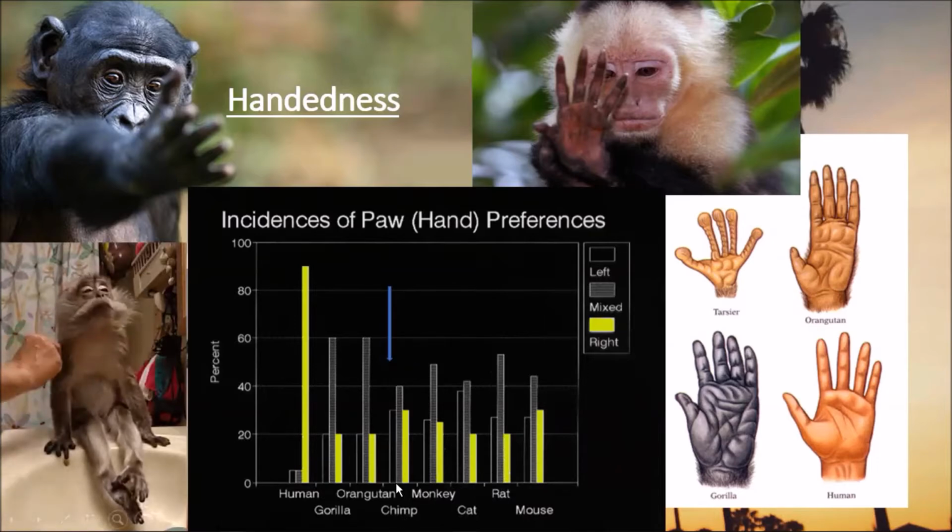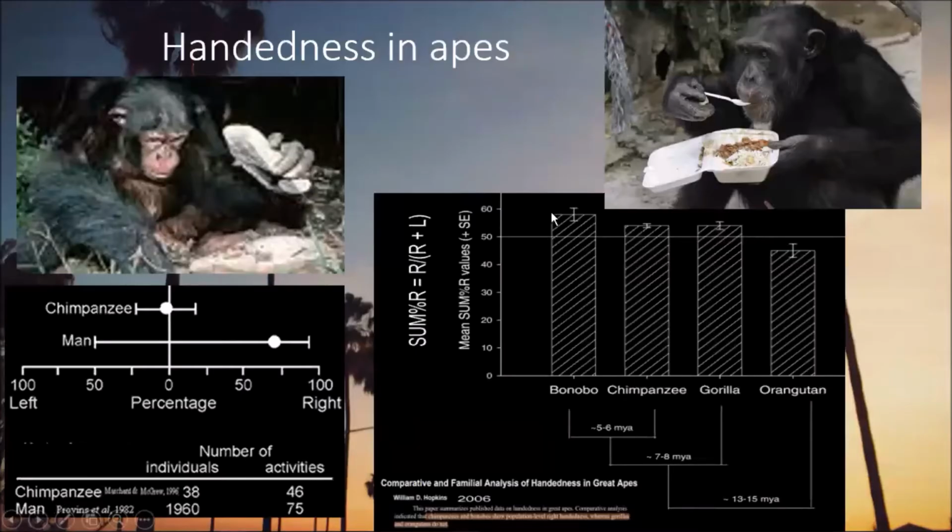Now I'm pointing down here at the chimp data because this is the one I showed for 20 years. And we're only as good as our data. A lot of science is about investigating presumptions, doing multiple studies so you get the right answer. I just saw a paper doing much better research on handedness in chimps, and they found they are more right-handed.